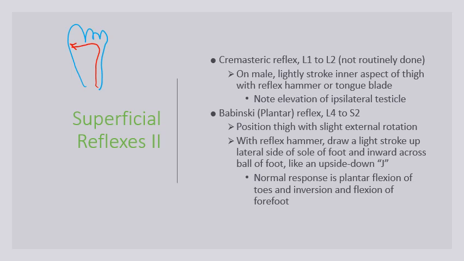So normally what happens is everything curves inward on you, but a positive Babinski, which would be an abnormal finding, they fan out. So the great toe goes backwards, it dorsiflexes, and then the little toes fan out.